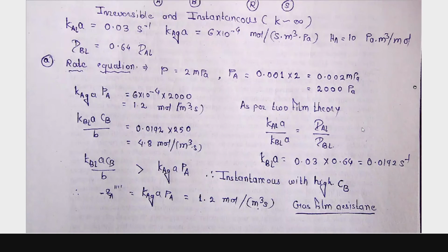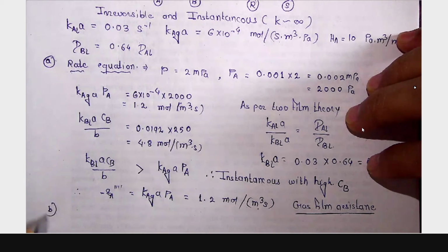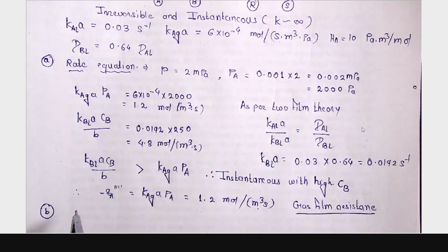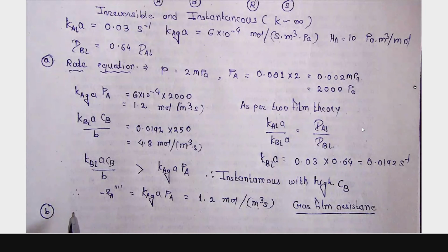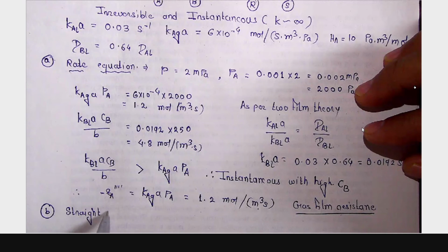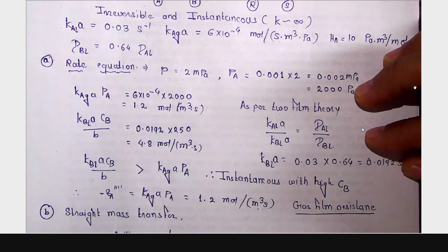Now, in this one, if there is no reaction, so instead of monoethanolamine, suppose there is a water only. So no reaction is there. So we can call it as a straight mass transfer. So in that case, rate expression will be what? 1 upon 1 upon KAGA plus HA upon KALA, inverse, into PA.